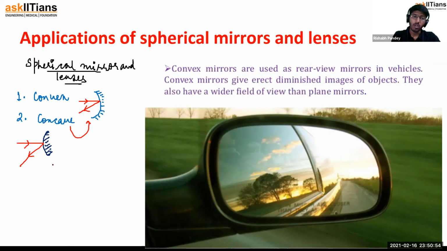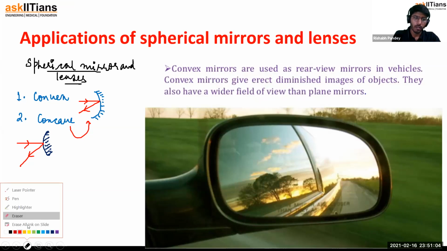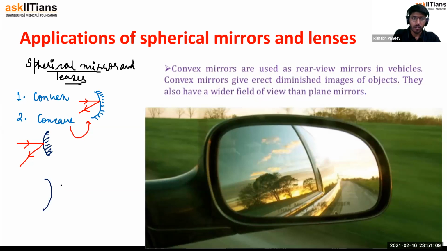Similarly, if I talk about concave and convex lenses, I hope you can predict. This is a concave lens. Say I have a ray falling on it like this and getting diverged like this.